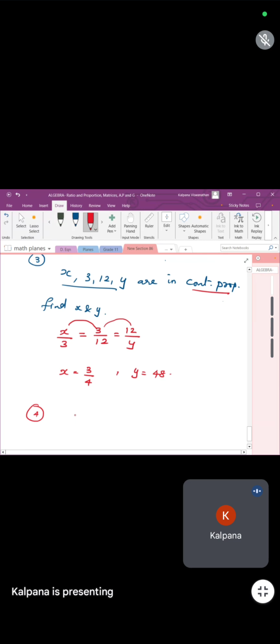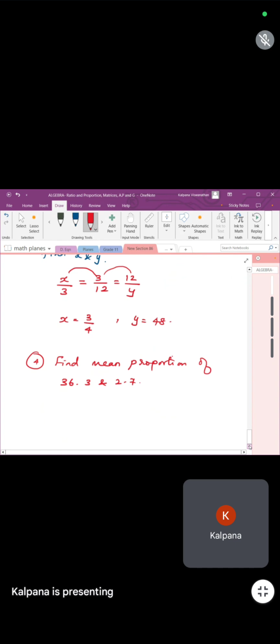Next type is find the mean proportion between 36.3 and 2.7. Find the mean proportion.